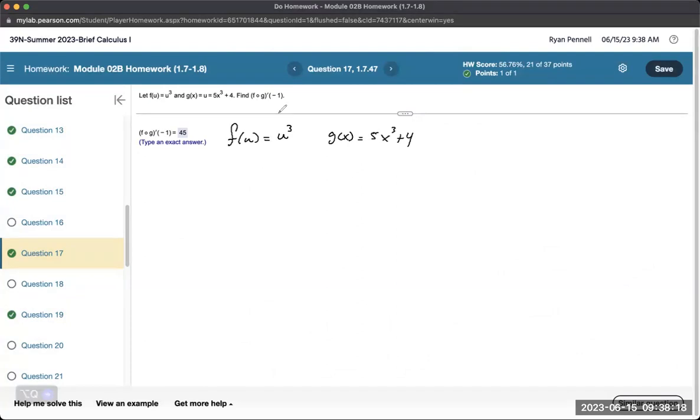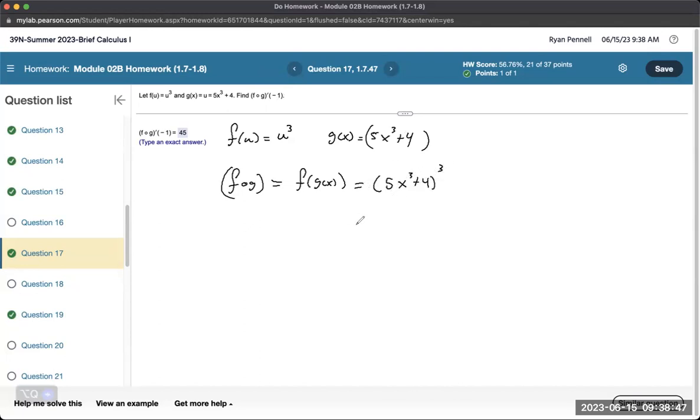They want f of g prime evaluated at x equals -1. So we need to first find f of g, and then we'll find the derivative of that. f of g means you're plugging g into f, so that means this goes inside here. So that's 5x cubed plus 4, to the third.